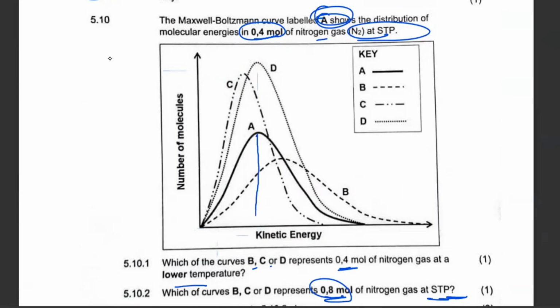So I'll draw a line going down and then going up. Straight, yes. So it means it's D, because their peak is at the same temperature, which is STP.